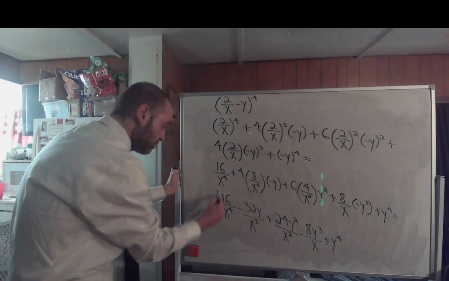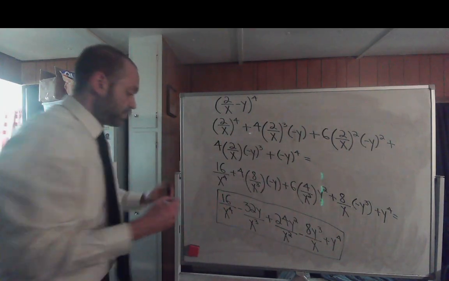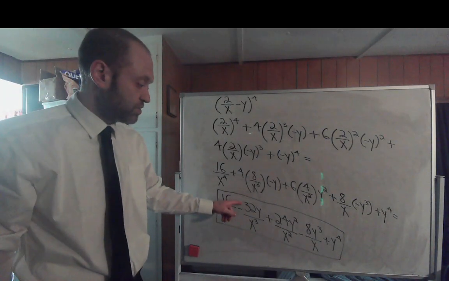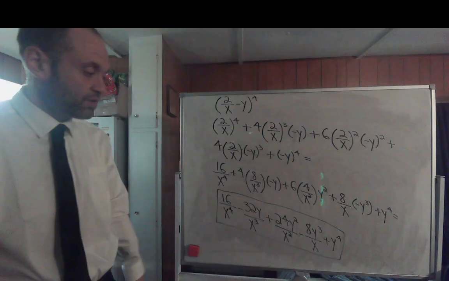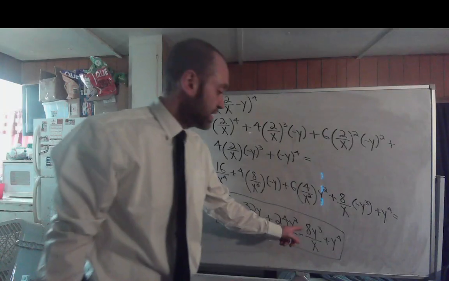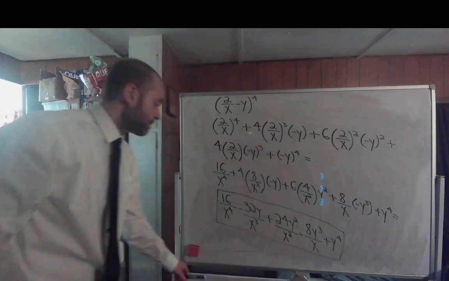So yes, that was quite long, but there's your 16 over x to the fourth minus 32y over x to the third plus 24y squared over x squared minus 8y to the third over x plus y to the fourth.